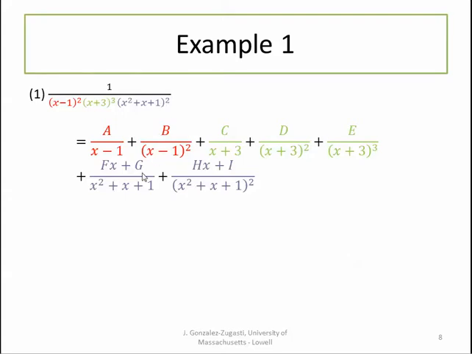So I introduce 2 terms here, and notice in the numerator they're both linear with distinct constants, and in the denominator I start with my irreducible quadratic factor to the power 1, and then in my next term it's squared, and I stop here because the power 2 matches the power 2 here.